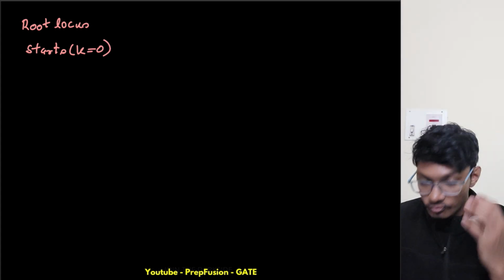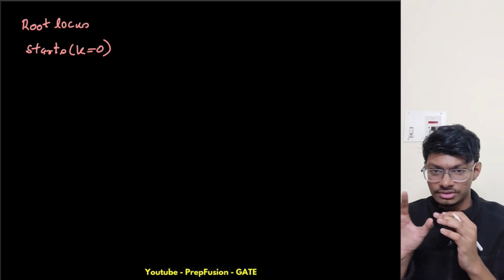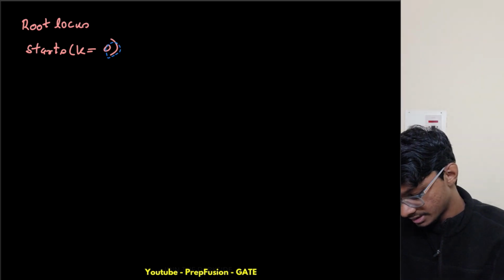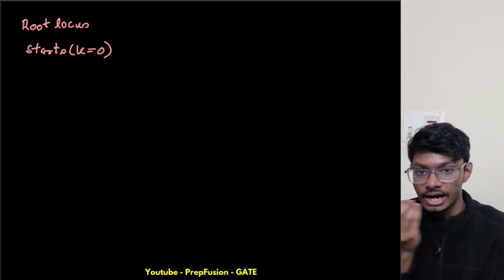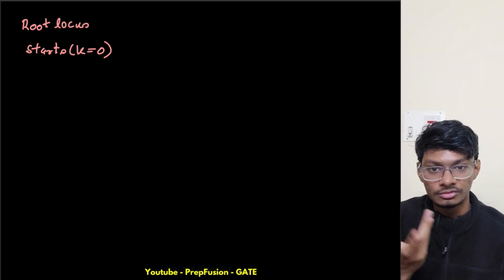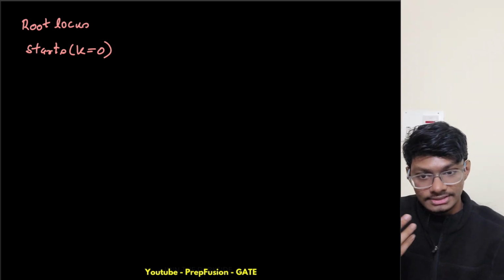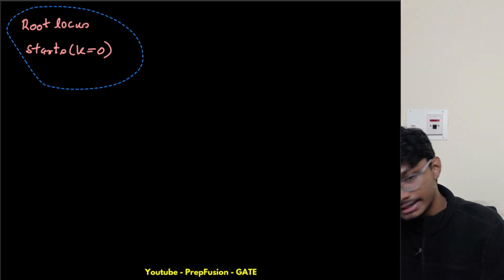Okay, and where does it end? It ends at k equals infinity. So that's how we vary something from 0 to infinity. But obviously, the important thing is k is actually not equal to 0, but in root locus we have to start from somewhere, right? That's why we make it k equals 0. But in real life, if you make k 0, there is no system, right? And root locus ends at k equals infinity, right?